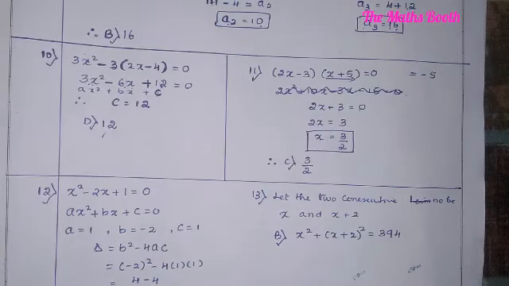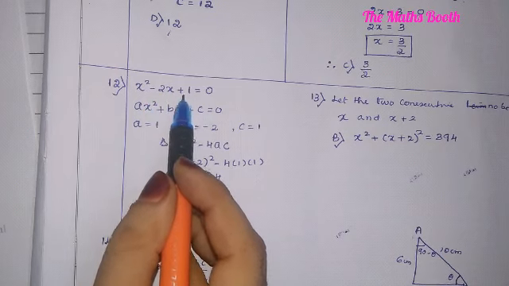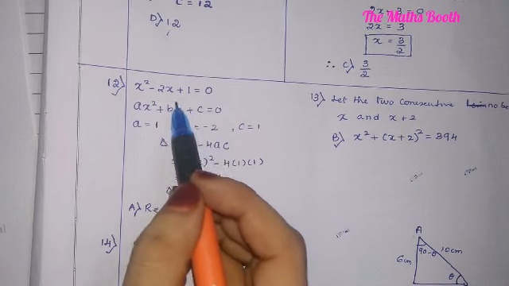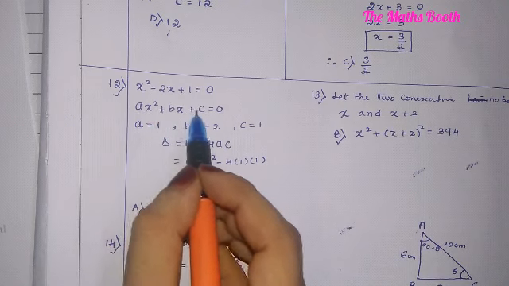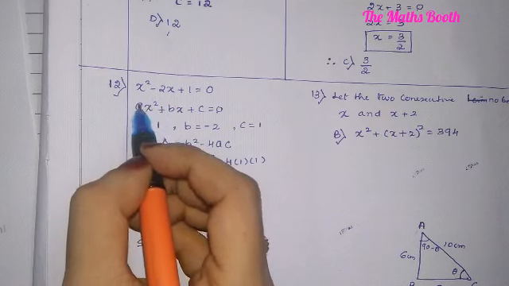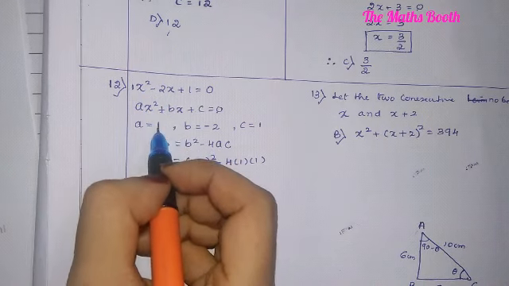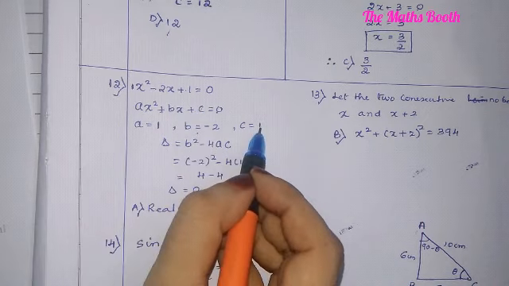Let us check the nature of roots of this equation. The equation is x square minus 2x plus 1 equal to 0. We know the standard form of a quadratic equation is ax square plus bx plus c equal to 0. Let us compare these two equations. A is equal to 1, b is equal to minus 2 and c is equal to 1.